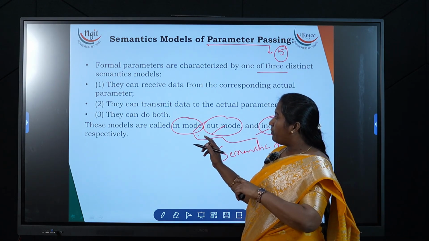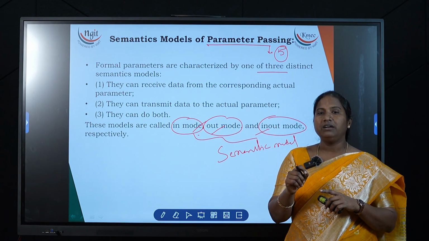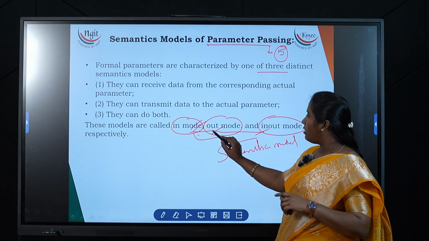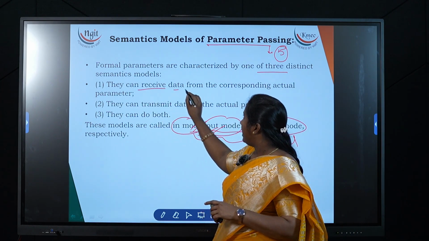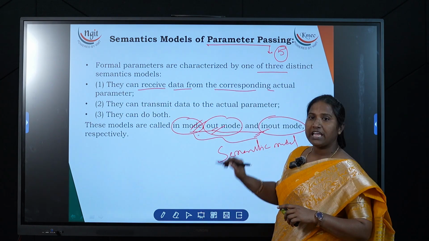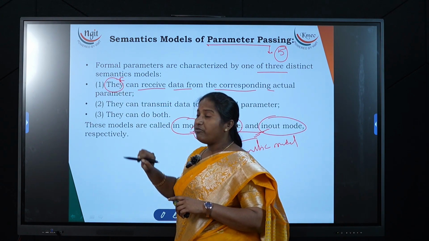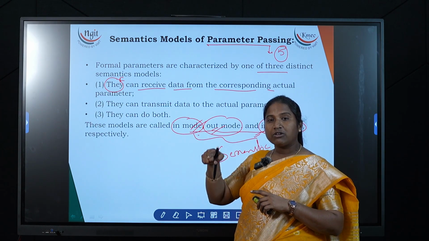Before we see those 5 categories, let's understand how these 3 are defined. What do you mean by in mode, out mode, in out mode? They can receive data from the corresponding actual parameter. They means the formal parameters, which are available in the called function.